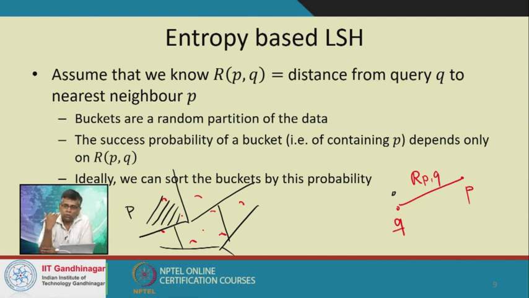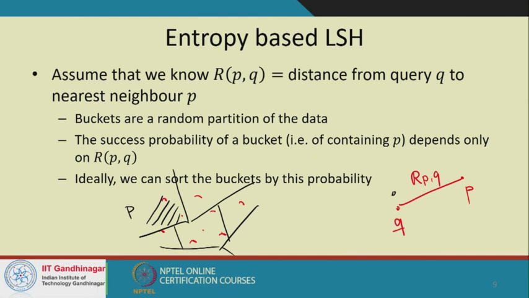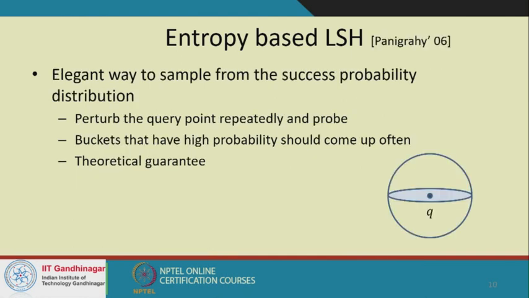So then I would only probe the top few buckets and be done with it, right? But calculating this probability exactly is again hard for all the buckets. It's very expensive. So what Panigrahy does is that he gives a very elegant way to sample from this probability distribution without actually calculating this probability for every bucket.